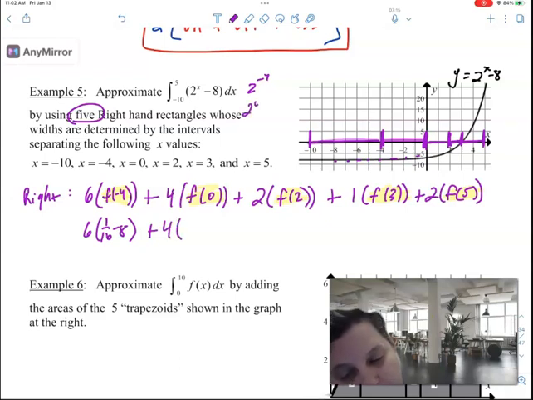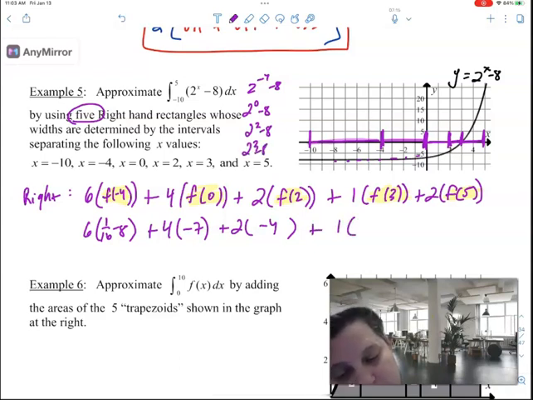If I plug in 0, what's 2 to the 0 minus 8? That's 1 minus 8, that's -7. If I plug in 2, it's 2 squared minus 8, and 4 minus 8 is -4. If I plug in 3, 2 to the 3rd minus 8, 8 minus 8 is 0.